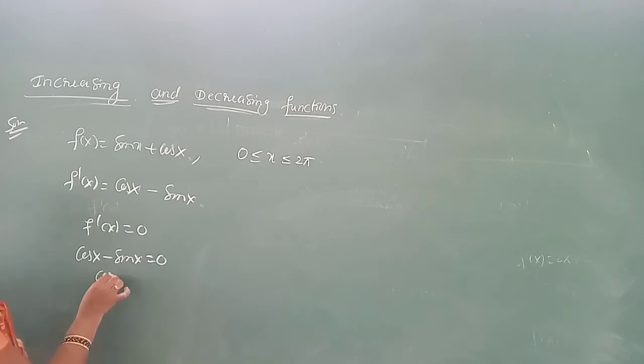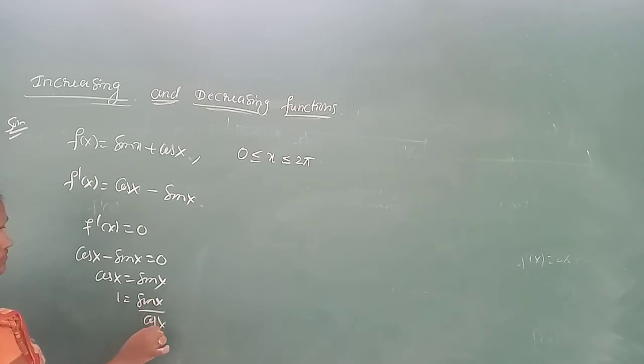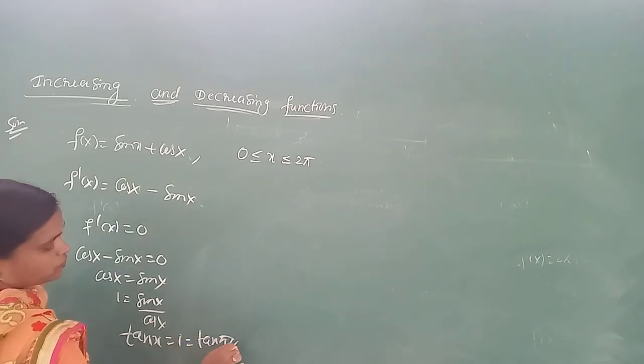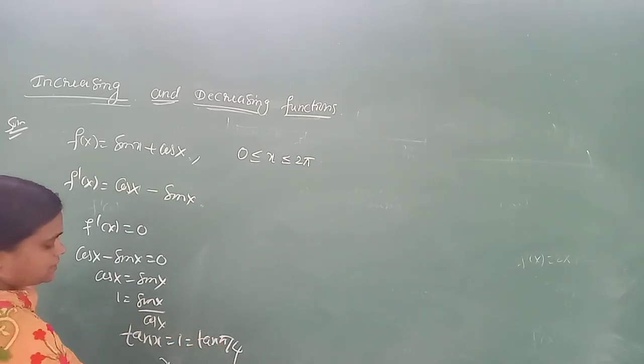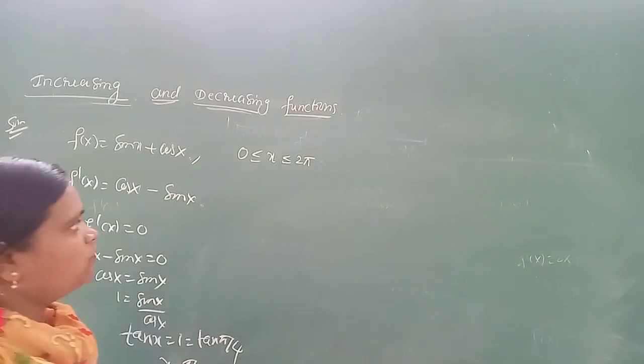Then cos x equals sin x, then 1 equals sin x by cos x. Sin x by cos x is tan x. Tan x is 1. When it is 1, that is tan 45. Therefore, we get x is pi by 4. Therefore, the critical point we got is pi by 4.